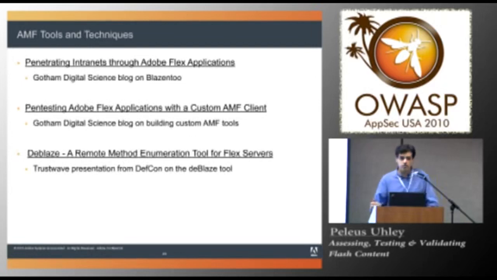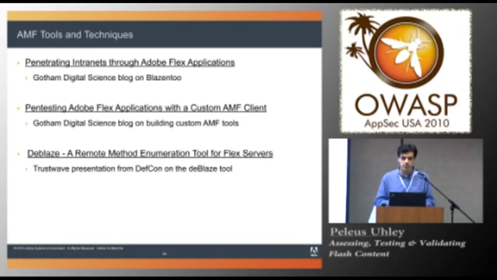If you want to learn how to use these tools and you're interested in doing AMF testing, they published blogs which explain the tools and how to use them. In addition to explaining the Blazentoo tool, Gotham Digital Science also posted a blog on writing custom AMF tools.